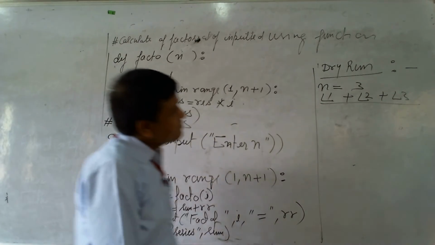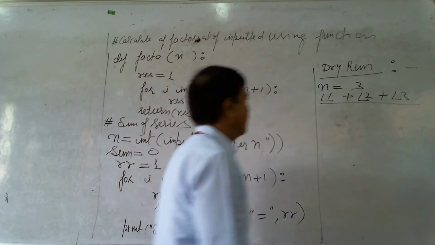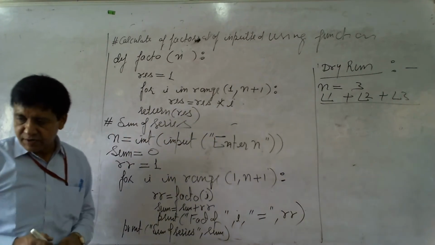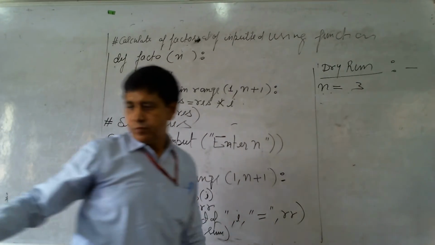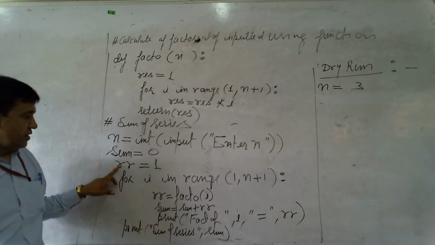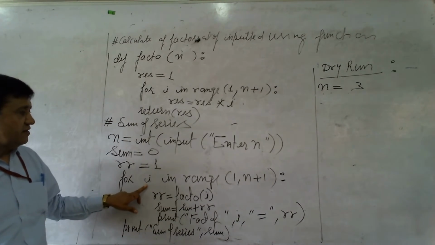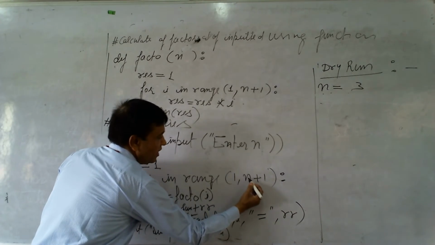The last term of the series in this case is factorial 3. Now see how it will work. Sum equal to 0, rr equal to 1.